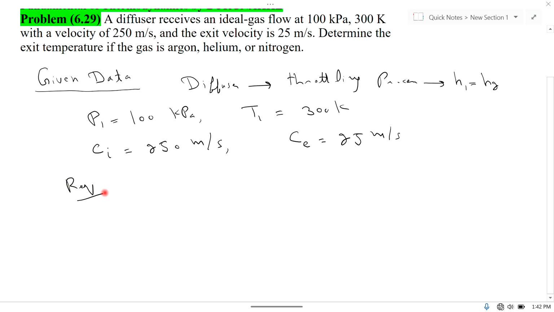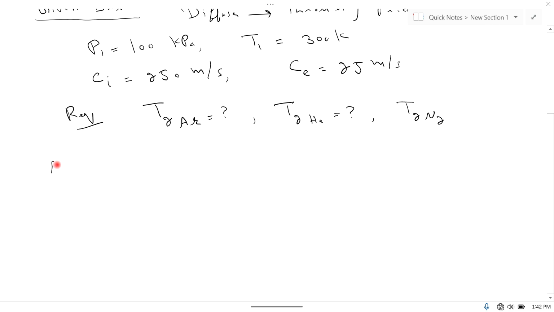So find T2 for argon, find T2 for helium, and find T2 for nitrogen. There are some assumptions in the problem.